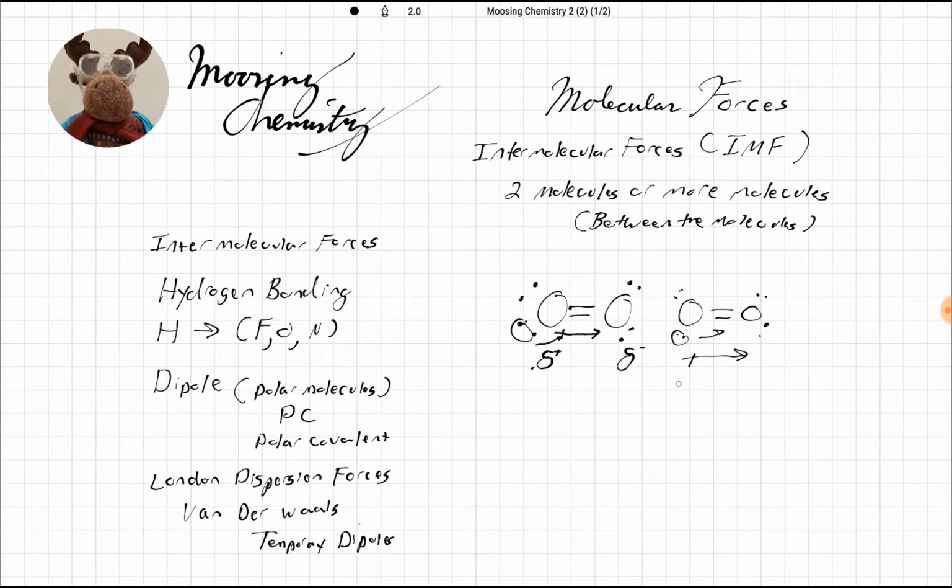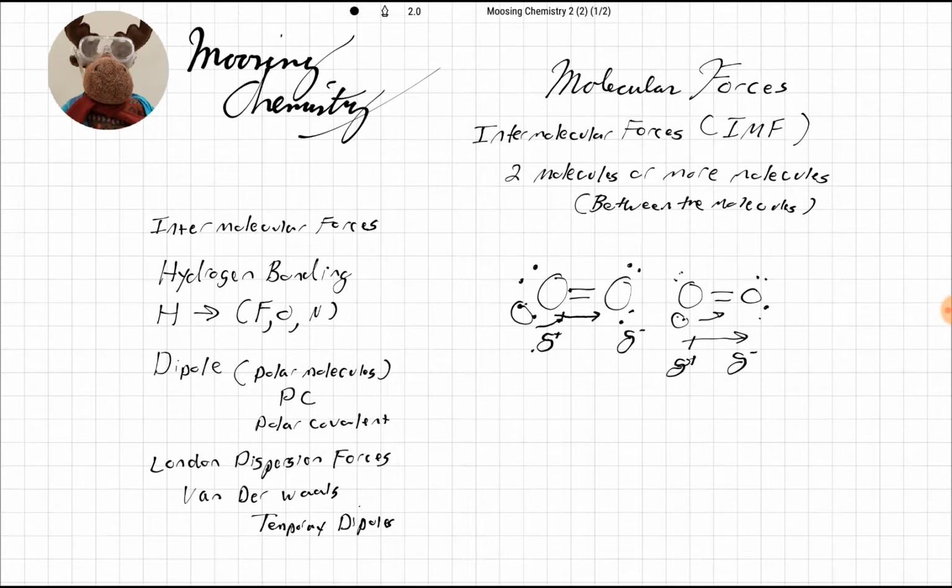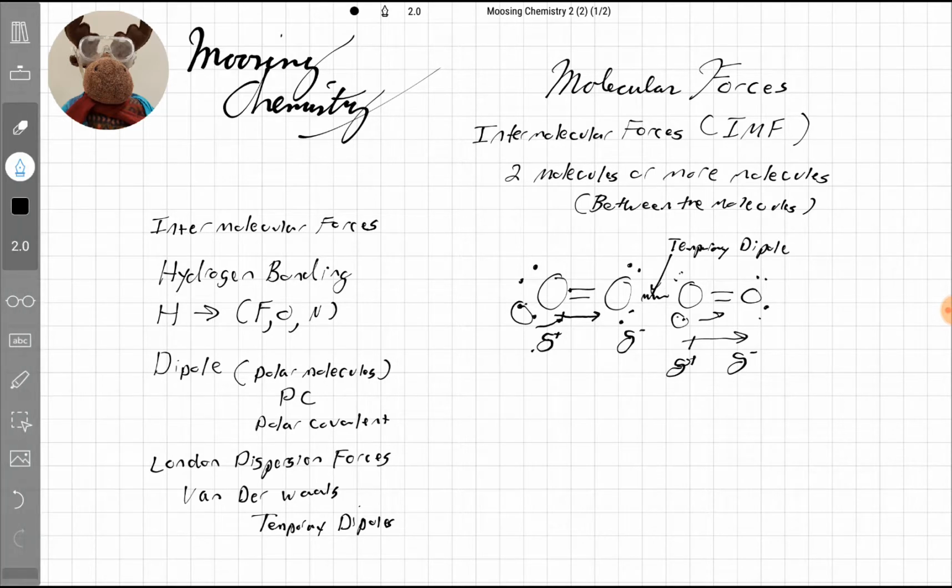And this oxygen is going to become definitely more positive, and this oxygen is going to become more negative. So then you're going to get what we call a very temporary dipole. It's going to be there for a few moments, and then it's going to be gone.